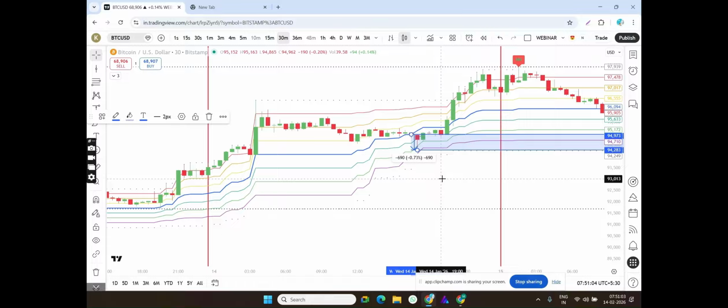A lot of traders will come with a bias: today the market will go up, today the market will go down, I feel. But the market doesn't care about your emotions. What you feel has nothing to do with the market. You have to see what the market is feeling, whether it is going up or going down. All that is needed from you is to follow the market.